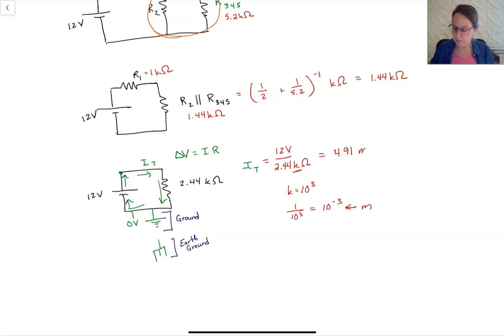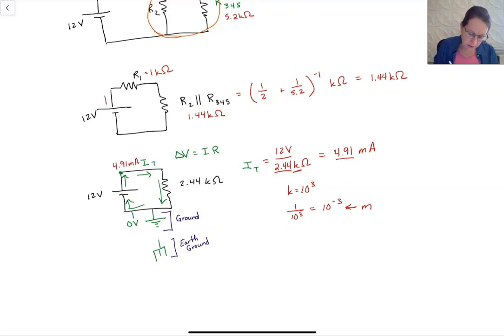So this would be milliamps. If I have kiloohms, then I end up in milliamps, and I just use them instead of putting all the extra zeros in. That's easier to work with. All right, so our current is now 4.9 milliamps.